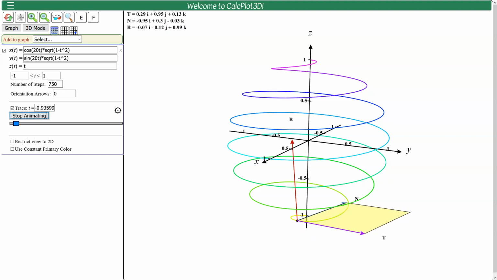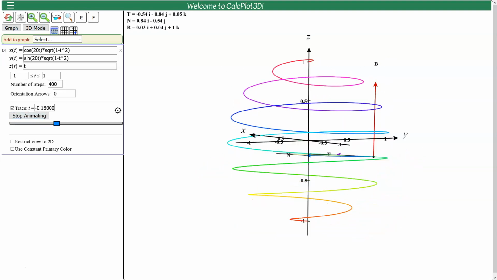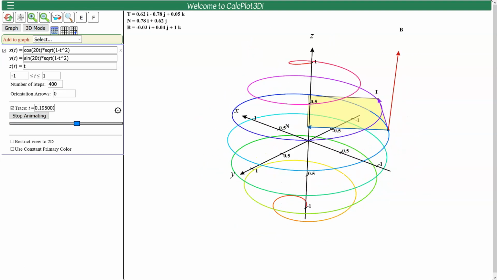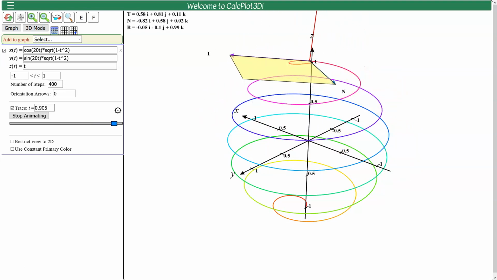Maybe speed it up a little bit. That's a little slow. Okay. Start over. There we go. You can see it as it goes around there. One more time.